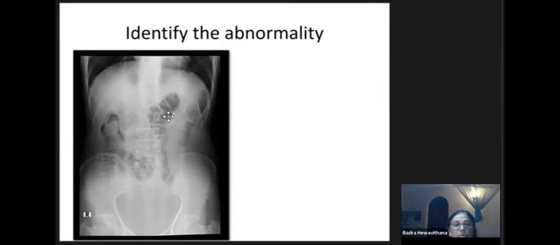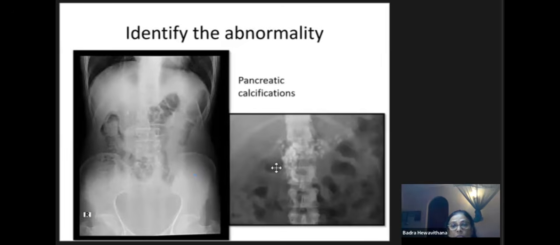So this is a patient with pancreatic calcifications. This is a much more advanced version, with much coarser calcifications. This goes all the way from the head of the pancreas to the body to the tail towards the splenic hilum.